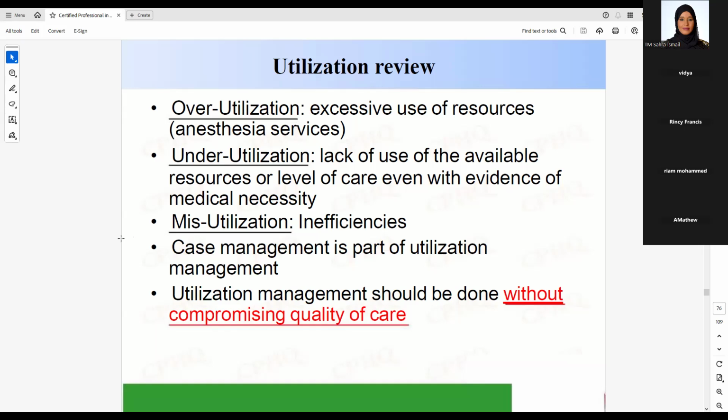Like admitting inpatient instead of daycare. Yes, admitting inpatient, or the day surgery where you can utilize day surgery services and the patient will leave, while the physician might be admitting them to the hospital for that procedure. Yep.